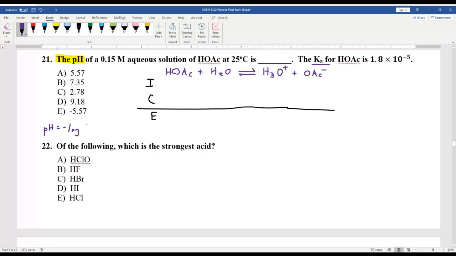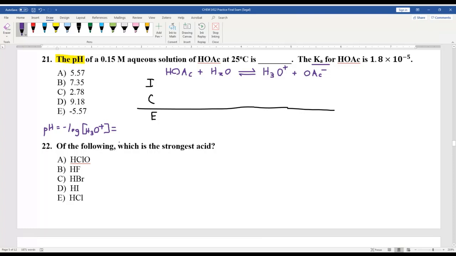More accurately, the pH is generally speaking the negative log of the concentration of H3O plus. Okay? So in this particular case, I need to figure out what the H3O plus concentration is at equilibrium before I can find the pH.